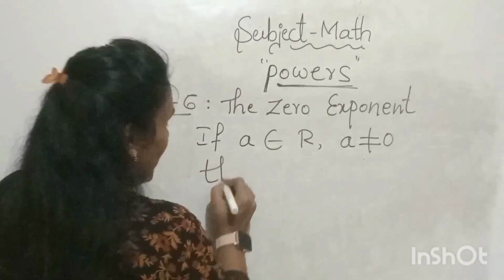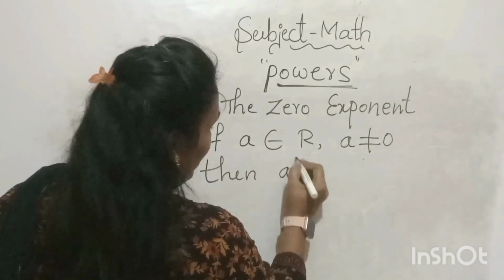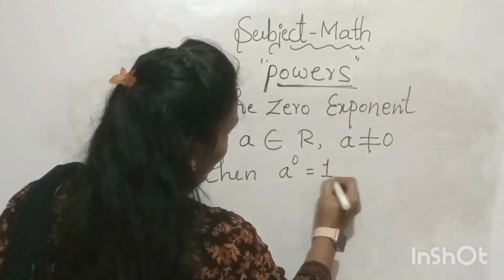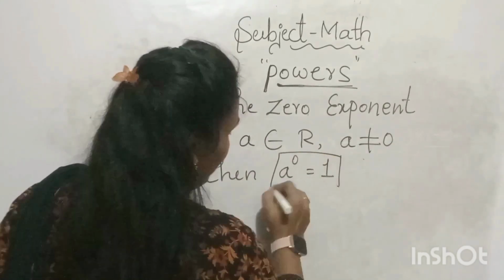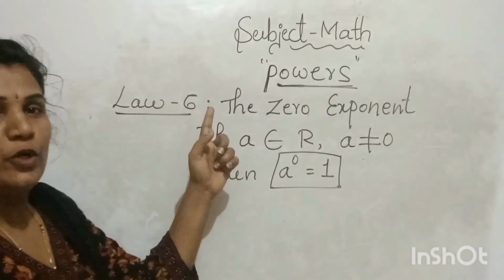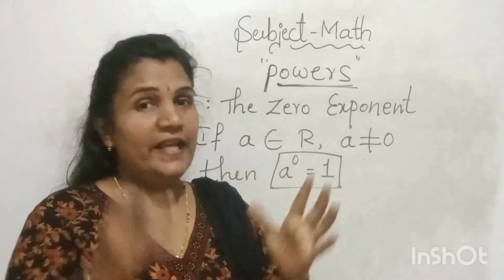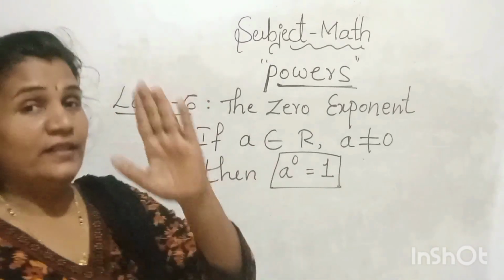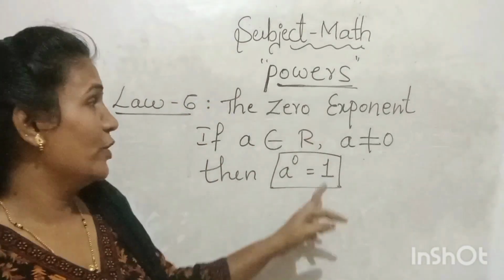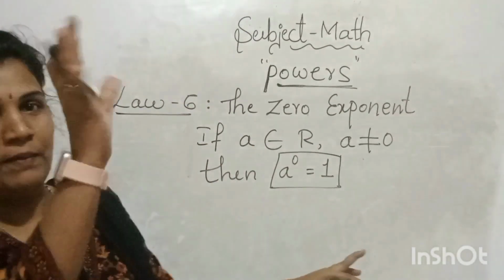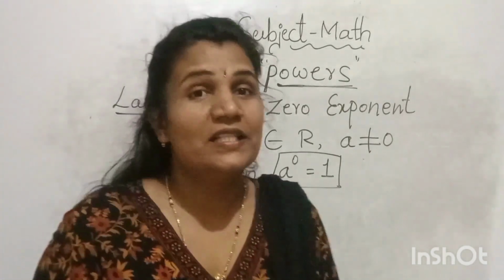Then what does the law say? Then a to the power 0 is equal to 1. Okay. Yes, the sixth law of exponent says that if a is any rational number and a does not equal 0, then a to the power 0 is equal to 1. It means any number to the power of 0 is 1 itself.